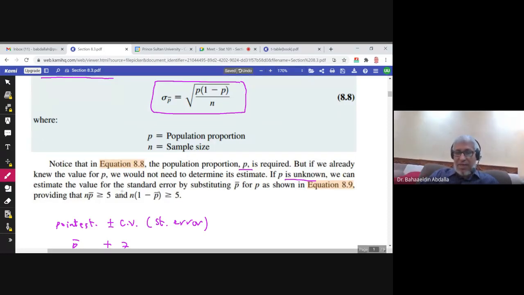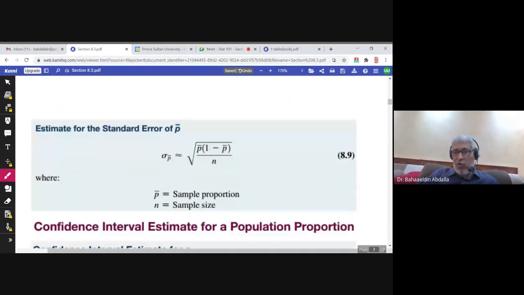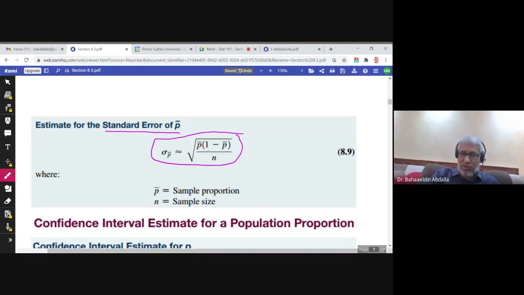We can estimate the value of the standard error by substituting P bar for P, because we know P bar would be given in the question, okay? Provided that N P bar is greater than or equal to 5, and N times Q bar is greater than or equal to 5. So we will use the standard error of P bar in terms of P bar instead of P, because P is unknown. So this would be our standard error for P bar times Q bar over N.